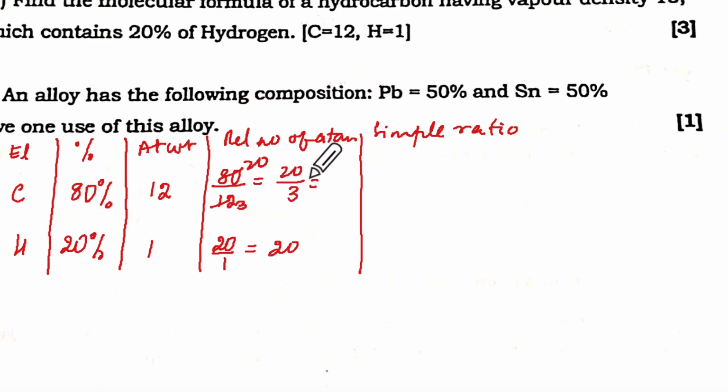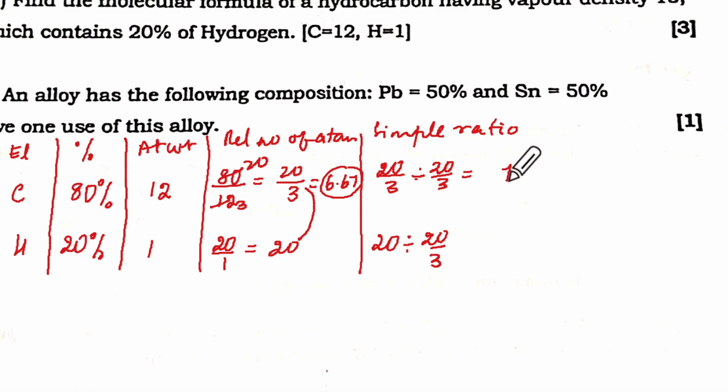Now I know that you know your tables well and you get over here 6.67 and here it will be 20 itself. Agreed? Which one is the smallest? This one. So rather than using approximated, if you use these two, you'll get quick calculations. So it will be here 20 upon 3 divided by 20 upon 3, and here it will be 20 divided by 20 upon 3.